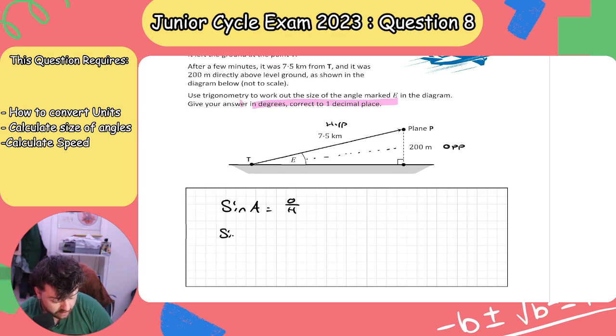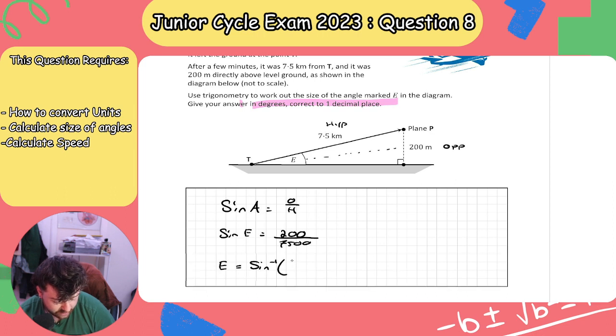So sine of angle E is equal to 200. Now, if you look here, 200 meters, but this is in kilometers. So we either need to write the 200 meters as kilometers, or write this as meters. I'm just going to do meters because we did that in part 1. So 7,500. To calculate the angle, I use my inverse.